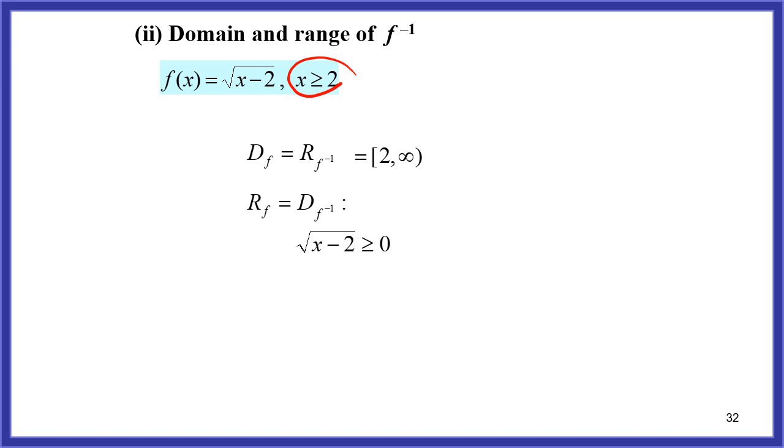We know it's always positive, more than or equal to 0, meaning that y is always more than or equal to 0. So the range is 0 to infinity, which is equivalent to the domain of f inverse.